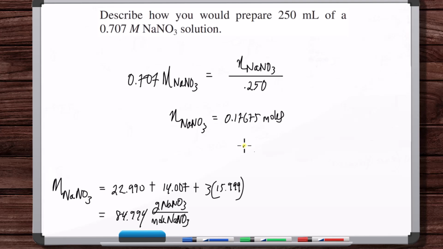Okay, so we've got 0.17675 moles of NaNO3, and we know that for every 1 mole of NaNO3, there's 84.994 grams of NaNO3.